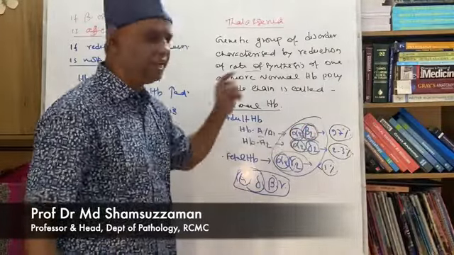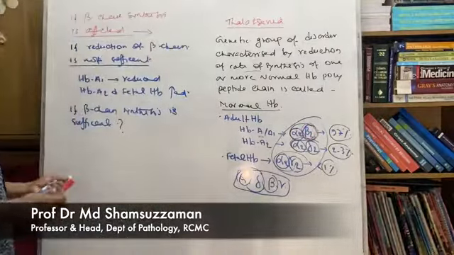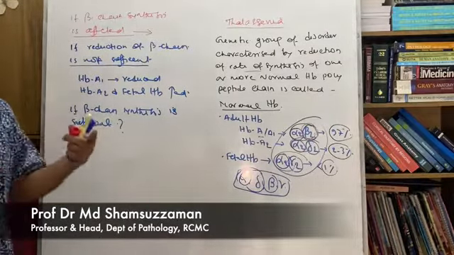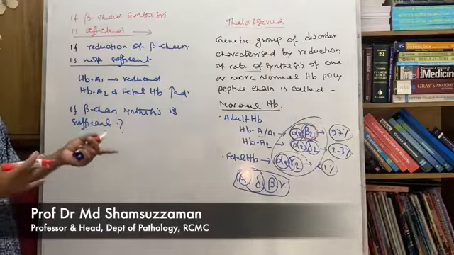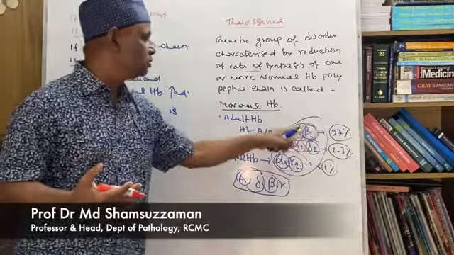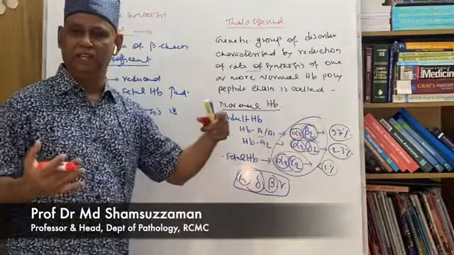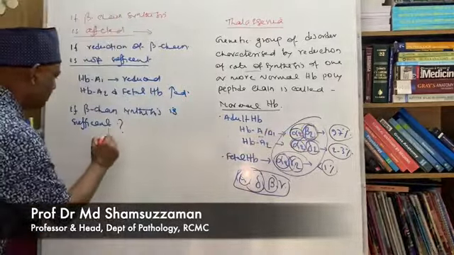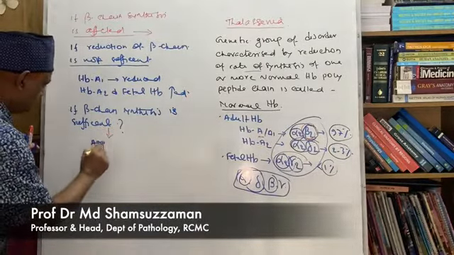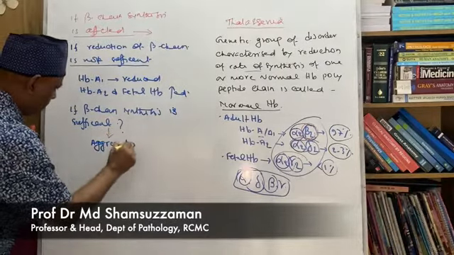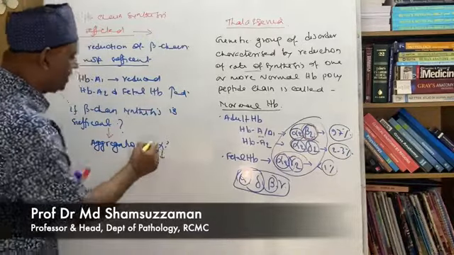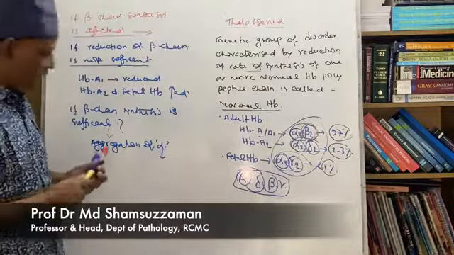Alpha chain will be free, and it will not produce any A1 in combination with beta chain. So the free alpha chain will be aggregated. There will be aggregation of alpha chains, and this aggregated alpha is unstable hemoglobin and will lead to hemolytic anemia.